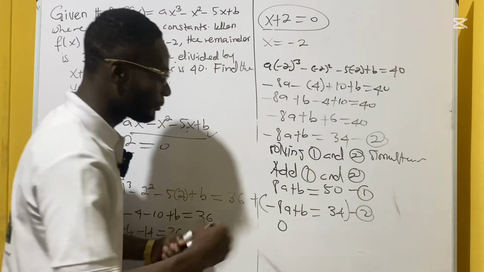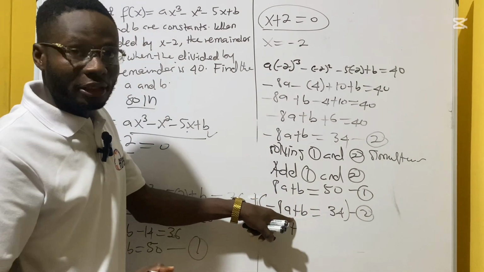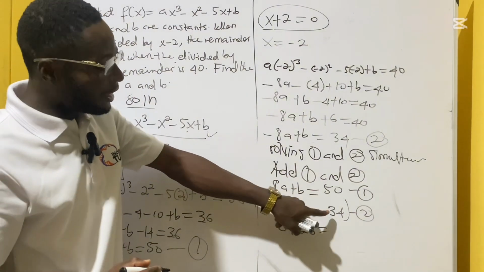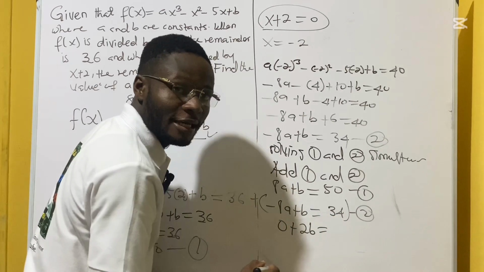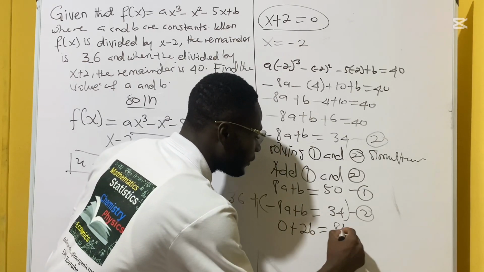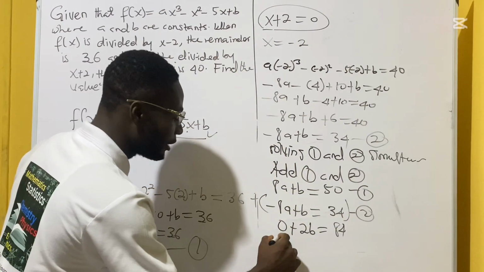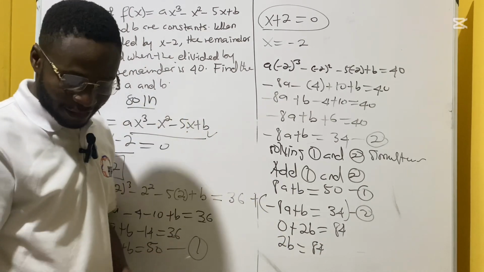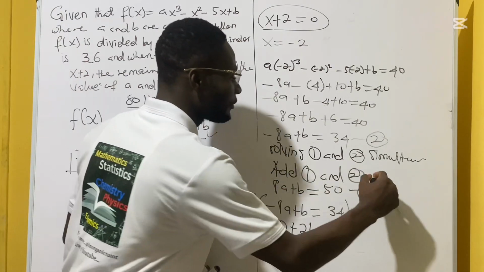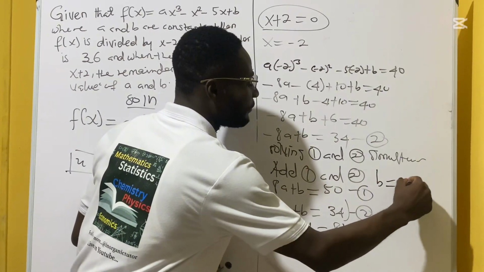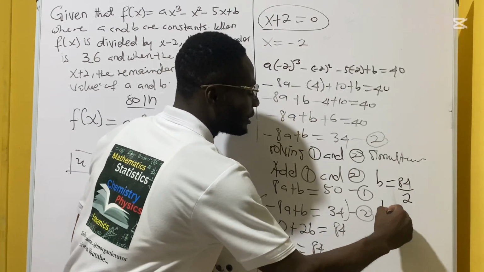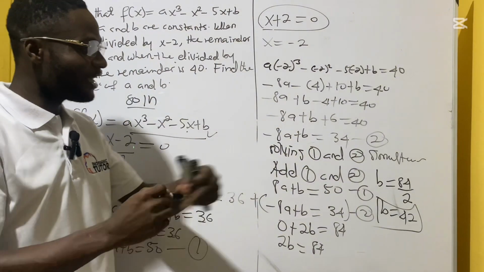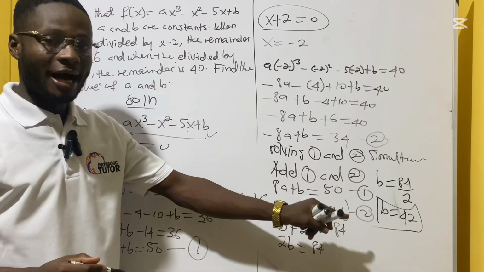We have 0 plus b plus b, which becomes 2b, equal to 50 plus 34, which is 84. So 2b equals 84, which tells us that b will be equal to 84 over 2. So b is 42. Wow, that is the value of b.